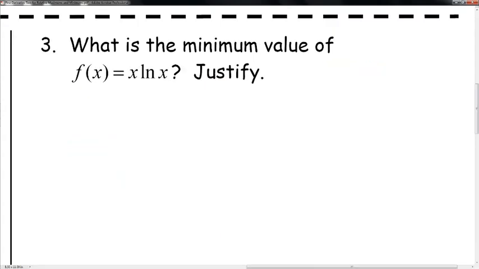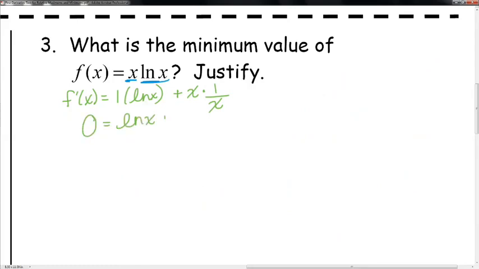Alright, number 3, we're going to find the minimum. So again, we have a product rule. So f prime of x: derivative of the first is 1 times ln x, added to the first times the derivative of the second, which is 1 over x. So we have 0 is equal to ln of x plus, well, these guys are going to cancel to 1.